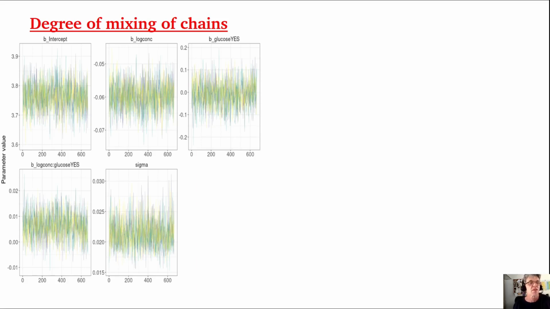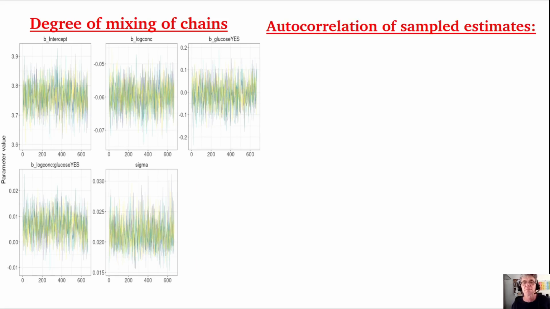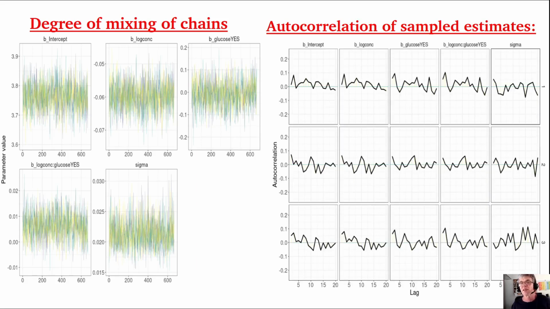All three chains explore the same ranges, which is what we call in Bayesian statistics a very good degree of mixing of the chains. The parameter estimates retained in the chains are all essentially statistically independent, which is another sign of a very good fitting model.